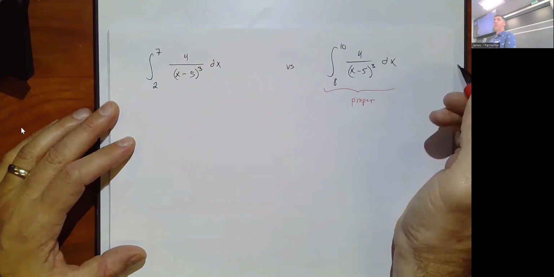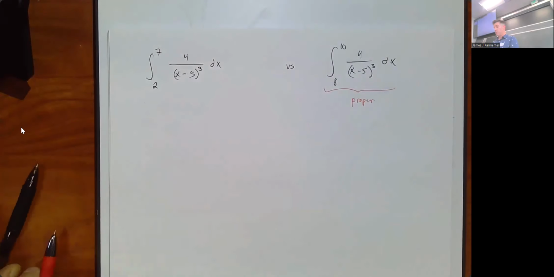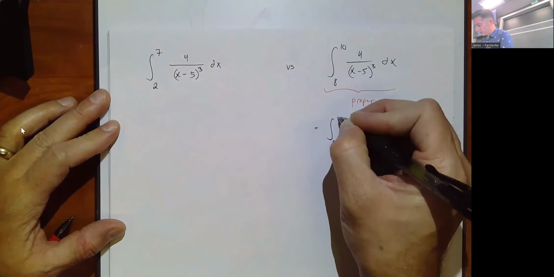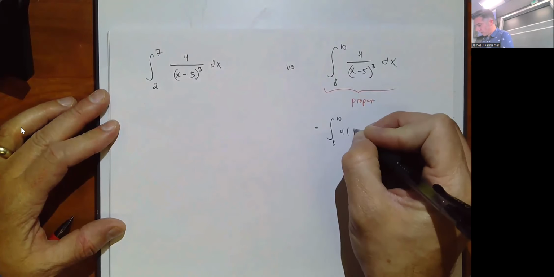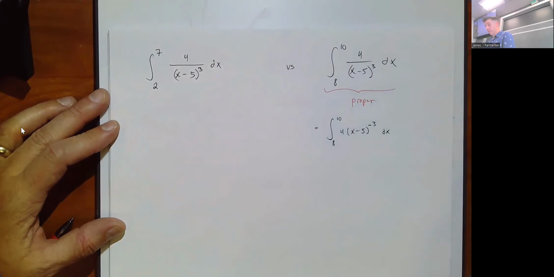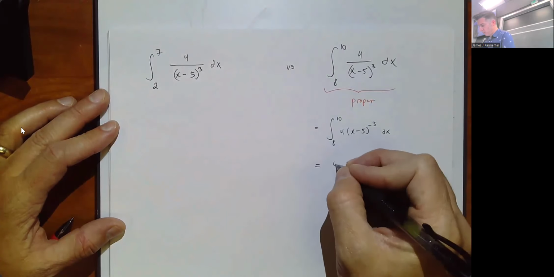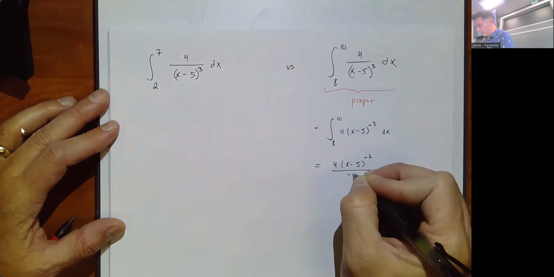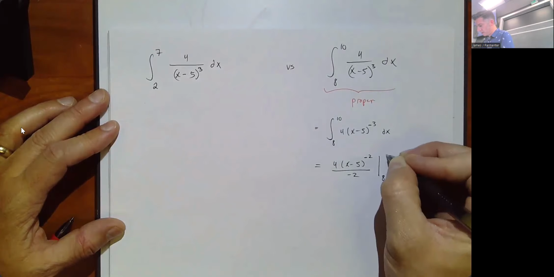You could do this straight away, the easy way, meaning you would just anti-differentiate and plug in the values. In fact, if we did this, it would be the integral from 8 to 10 of 4 times x minus 5 to the -3rd. We would anti-differentiate. You would get 4 times x minus 5 to the -2 divided by -2 from 8 to 10.